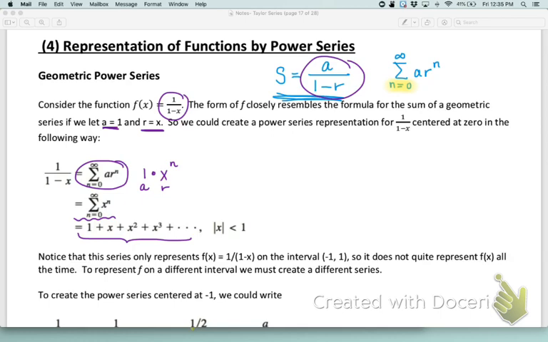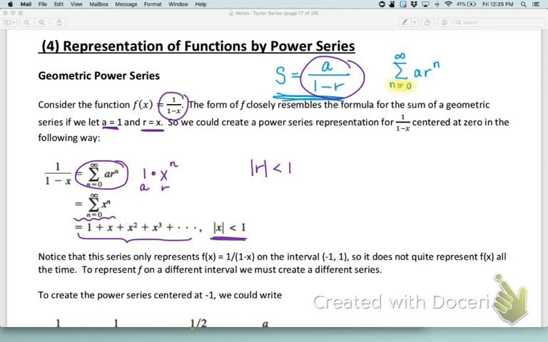Now, this statement here that the absolute value of x has to be less than 1, that's the rule for convergence of a geometric series. Remember, in general, the absolute value of your ratio must be less than 1. That's a special case of the ratio test. So that's what that statement is there.